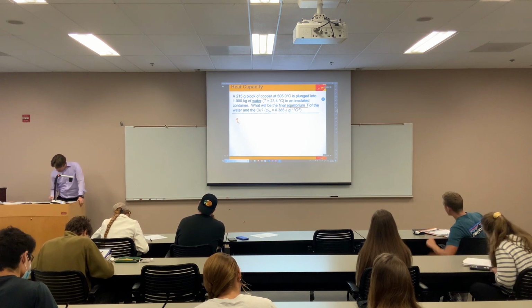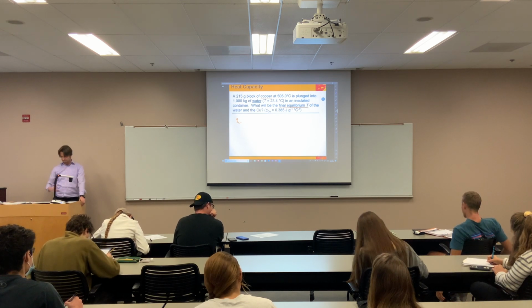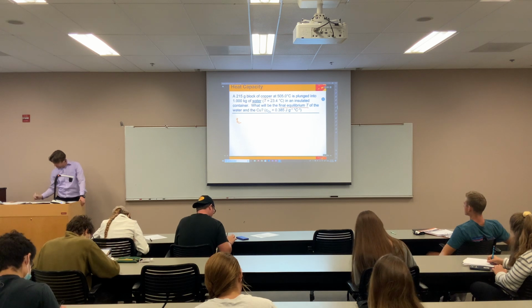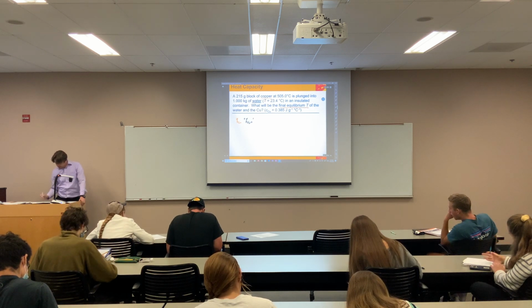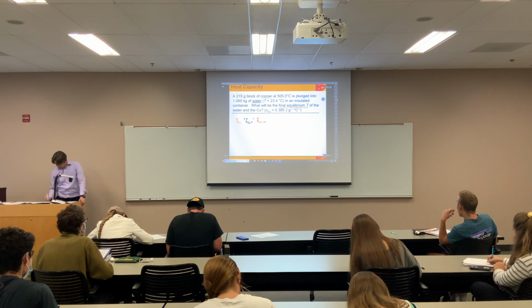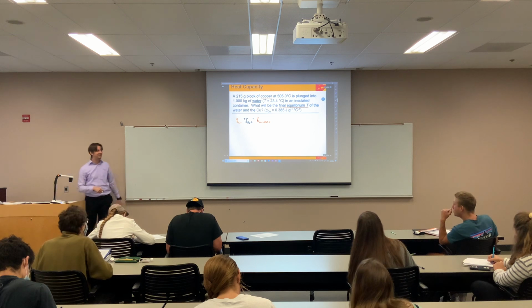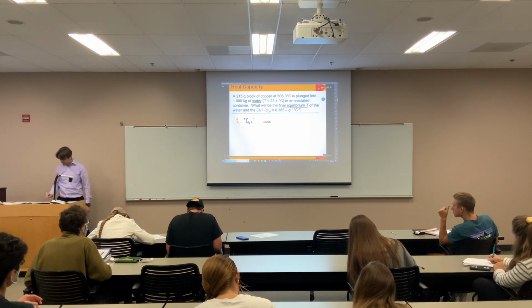So the Q of the copper, the energy, the heat of the copper, plus the Q of the water equals the Q of the universe. That's pretty added up, right? Oop, I should pick a different color there, don't want you guys to get confused.